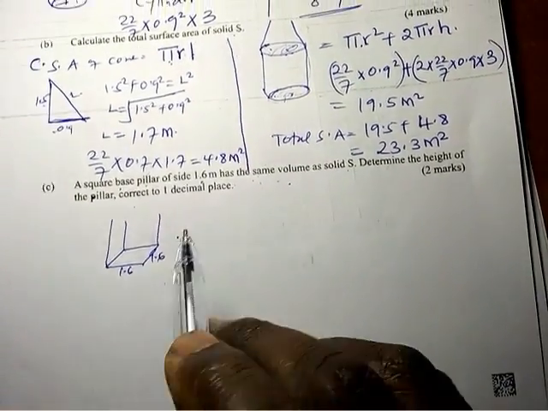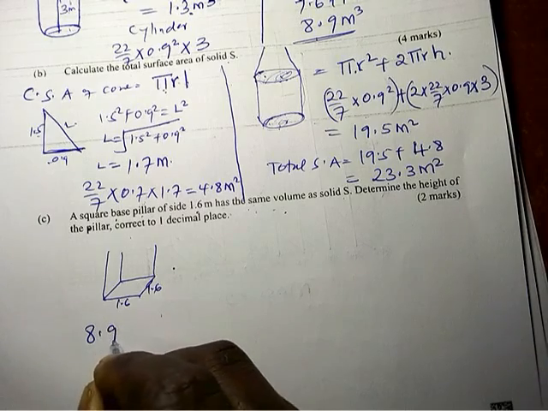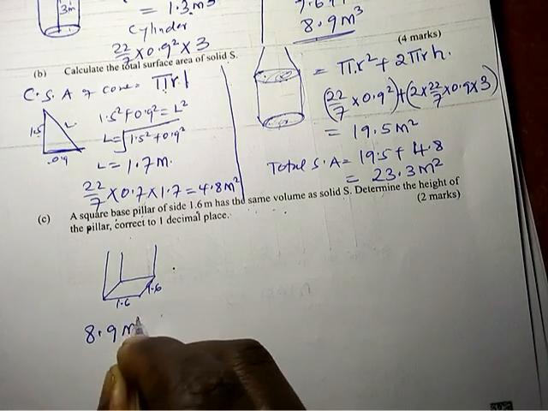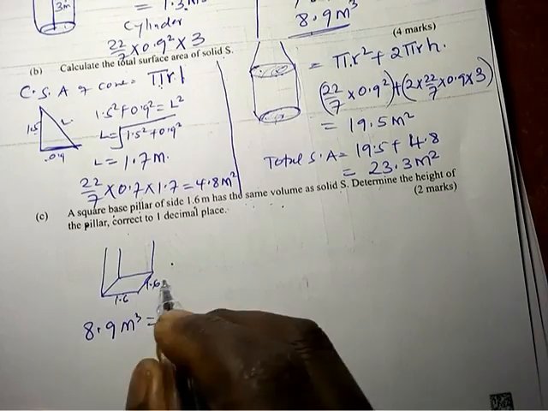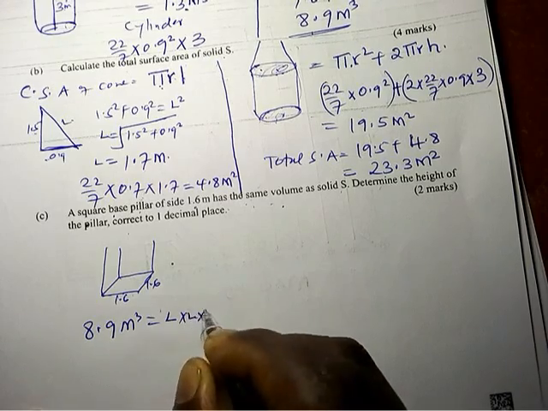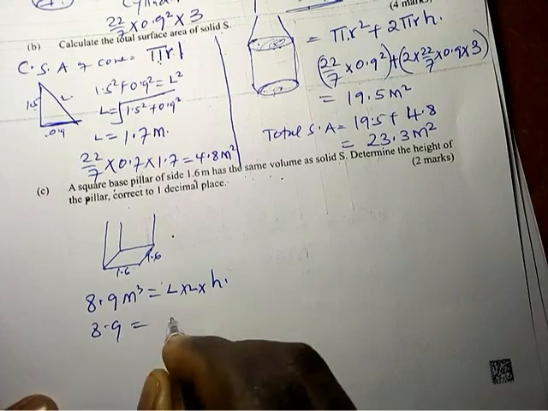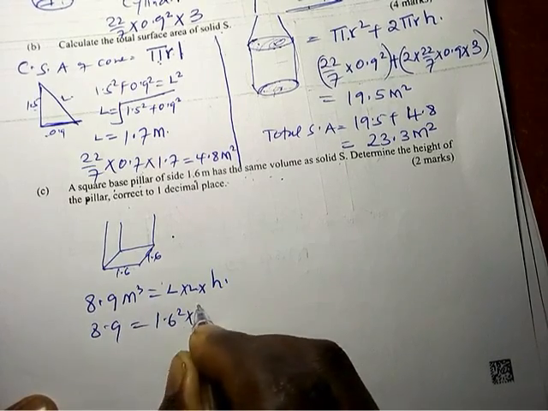So the volume required is 8.9 meters cube. It will be the same as this, which is going to be length times height. 8.9 is equal to 1.6 square times h.